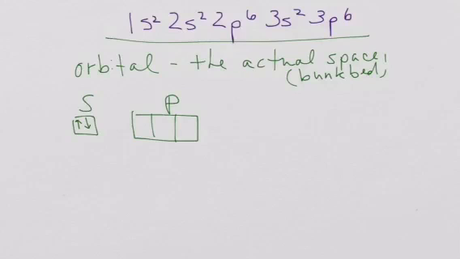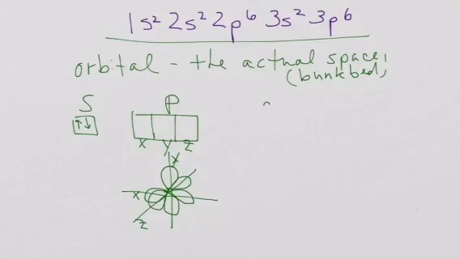individual P orbitals. Okay? And because we said they're kind of like these infinity shapes, if you put them along an axis, X axis, Y axis, and then the 3-dimensional Z axis, then that's your 3 orbitals. So we call them PX, PY, PZ.